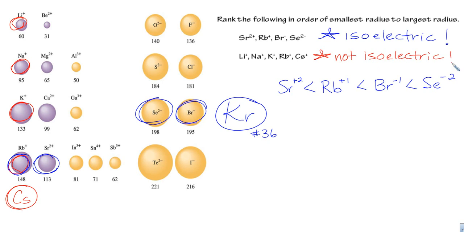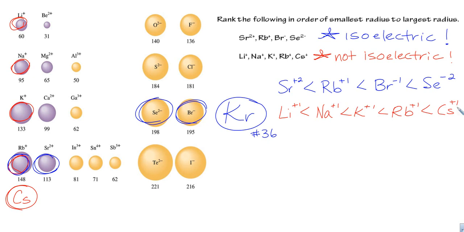They all form plus 1 ions, but they do not have the same amount of electrons, which means their electron clouds are going to have very different sizes. So this one I can just rank by normal periodic trends, piece of cake. Smallest to largest, lithium plus 1 would be the smallest. Everybody's losing 1 electron. Then sodium, potassium. Hey, what do you know? They're in the right order. Rubidium and cesium.